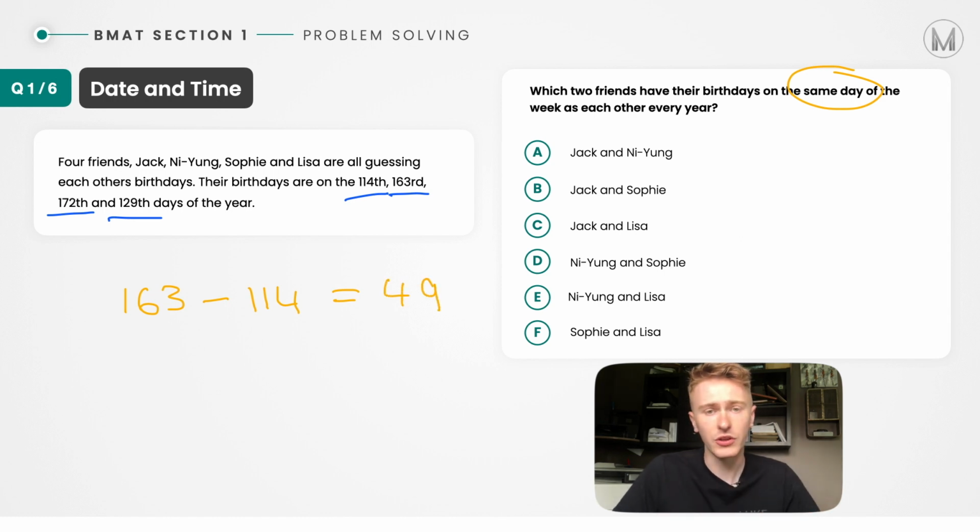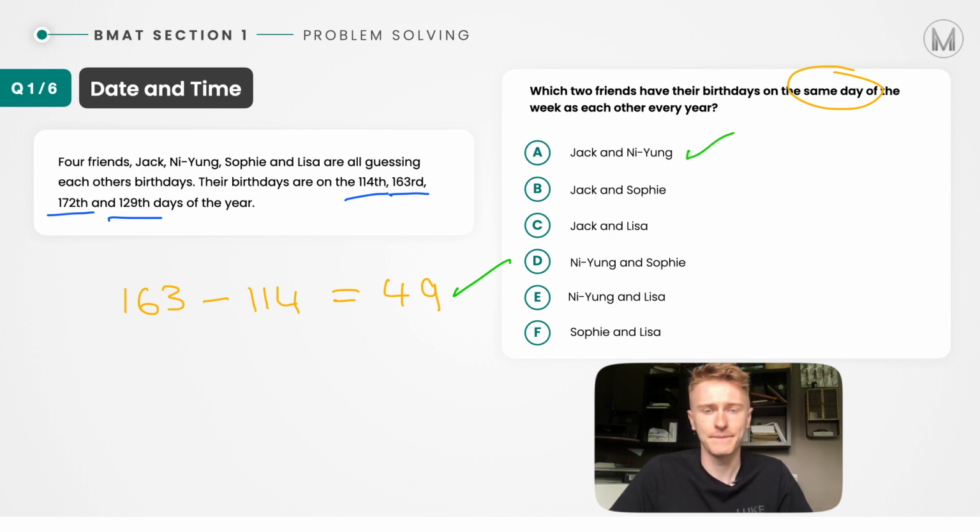At this point, we have to question, is this a multiple of 7? If it is, that means that their birthdays fall on the same day of the week, because they're perfectly lined up at 7-day intervals. In this case, 49 is a multiple of 7, so we can be content in the fact that we've actually, on our first try, found the 2 friends which have their birthday on the same day of the week. So in this case, the answer is Jack and Ni Young.